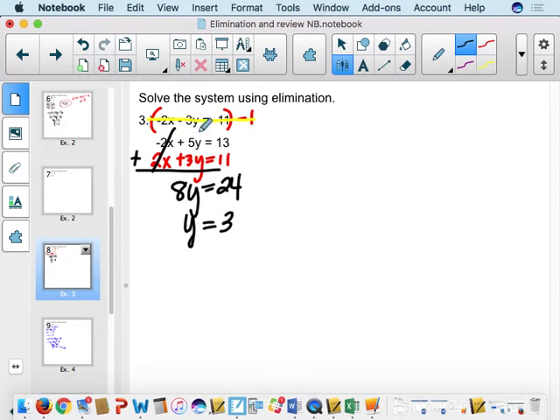You can plug back into either of these equations. I'm going to plug back into this second equation here. Negative 2x plus 5 times 3 equals 13.